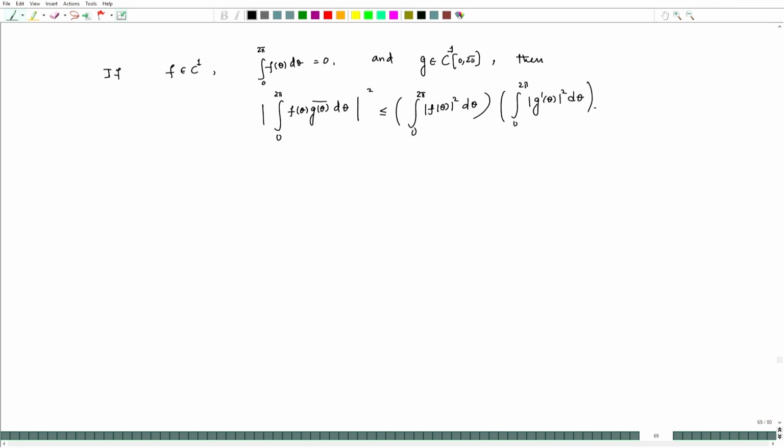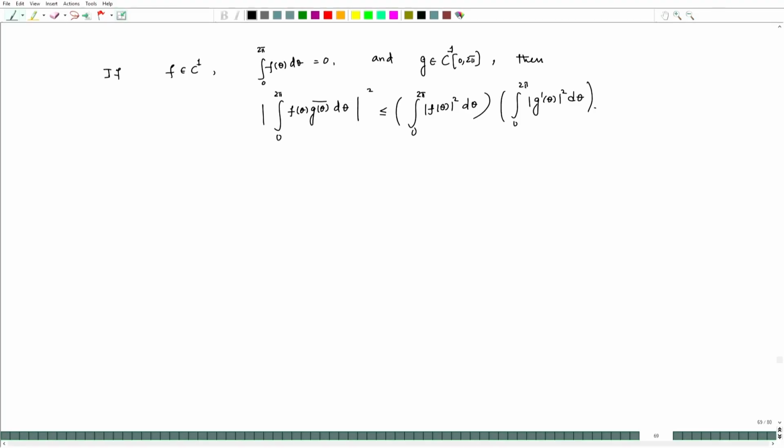If our g satisfies the condition that the integral from 0 to 2 pi of g of theta d theta is equal to 0, then this is nothing but an application of the Cauchy-Schwarz inequality. But here remember that we are not given that the integral of g is equal to 0. So, this suggests that we need to look for a different approach.